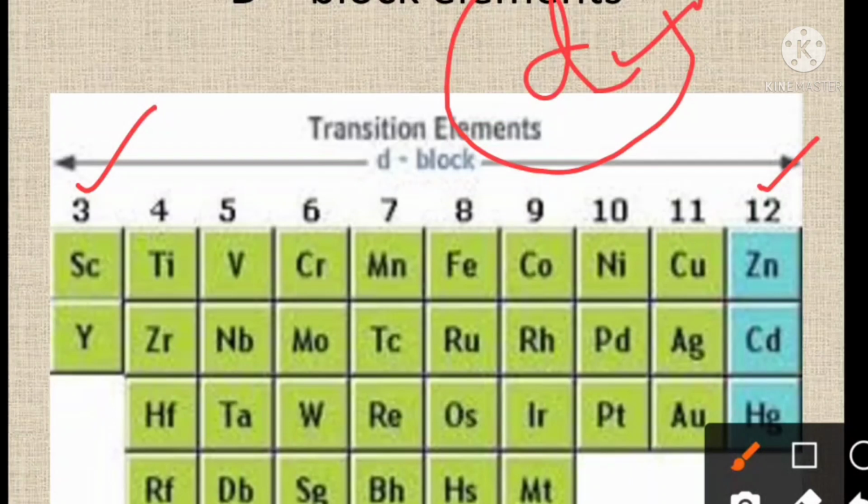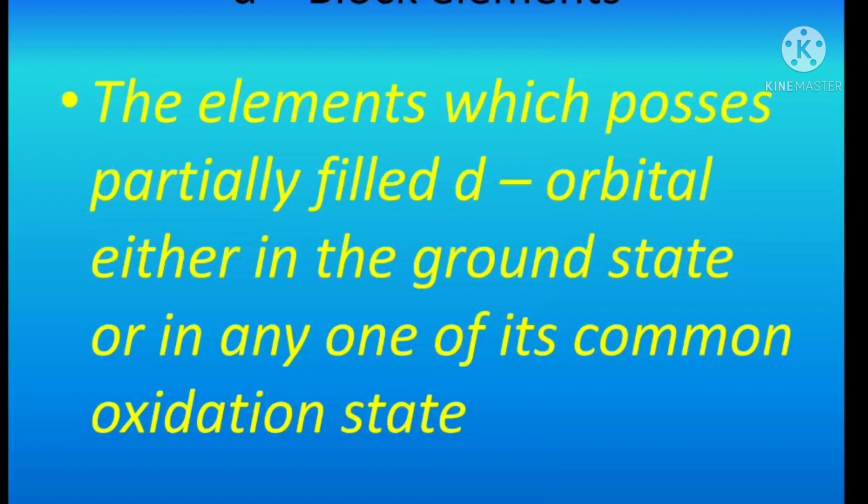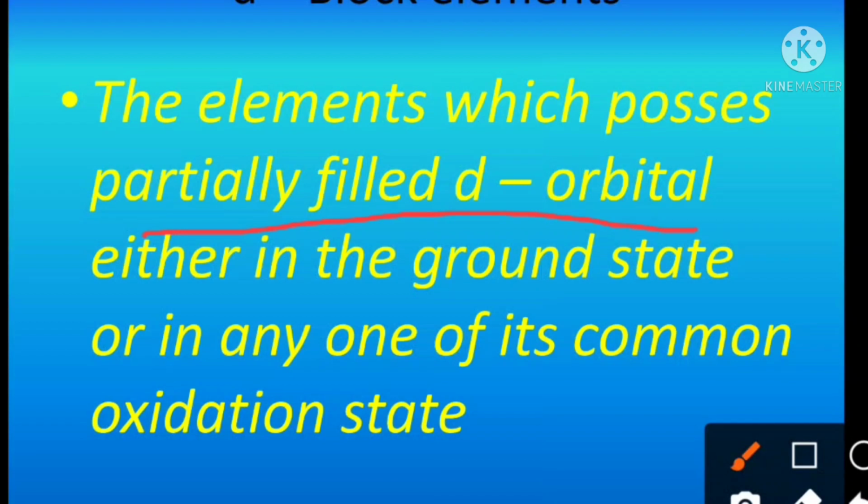The definition for D block elements is that they are the elements which possess partially filled d orbitals. The elements which contain partially filled d orbitals are called D block elements. This is a very important definition.